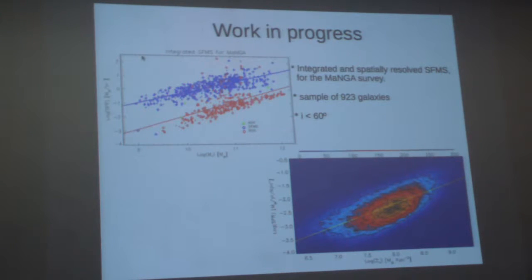I built a sample of also low-inclined galaxies fulfilling the same criteria of inclination, and I already got a sample of 923 galaxies. And of course, using a larger sample will be very useful in order to answer the questions that I addressed before. Thank you.